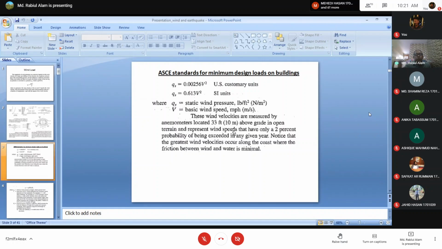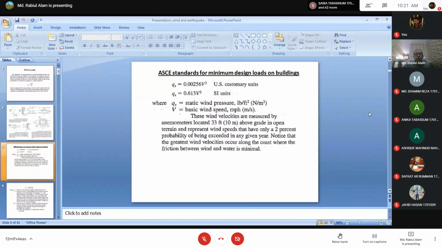You see that there are some conditions. The terrain is open terrain. There is no obstacle where we measure the wind velocity. In that region there is no obstruction. It's open terrain, and the velocity we use in this equation is measured 33 feet above the ground.